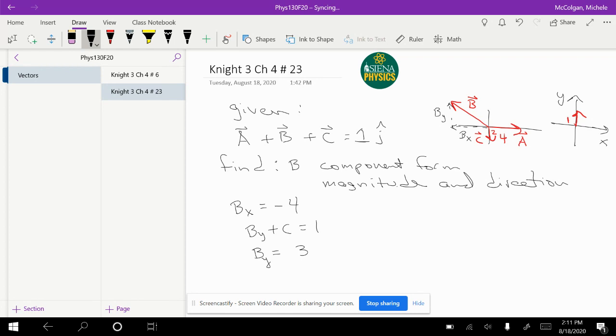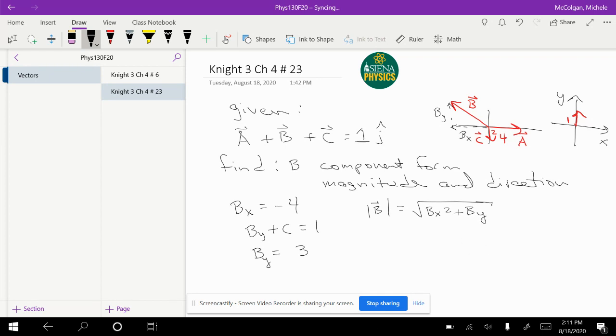So I've found the component form, but what about the magnitude? To find the magnitude of B, I just need to use the formula Bx squared plus By squared, and then take the square root of that.